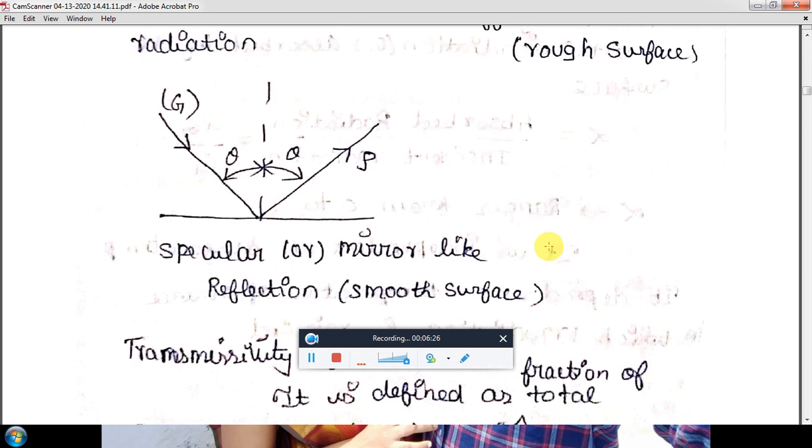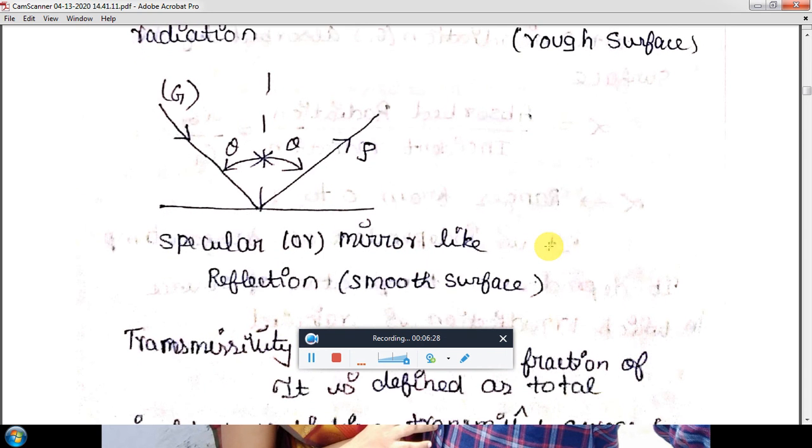So next is called specular or mirror-like reflection. A very smooth surface, a highly finished or polished surface, will have specular or mirror-like reflection. This is called incident radiation. Whatever the angle of incidence, suppose the angle of irradiation is 45 degrees, then the reflection angle will also be 45 degrees.